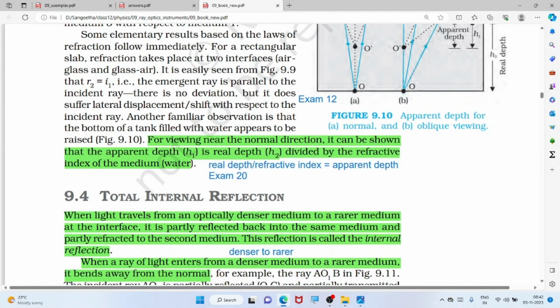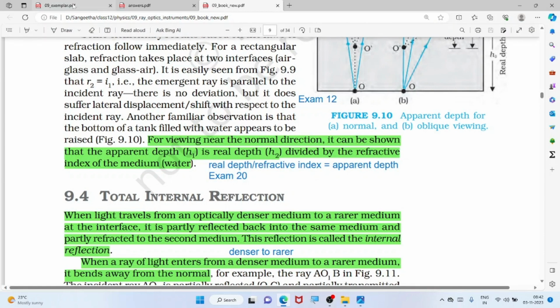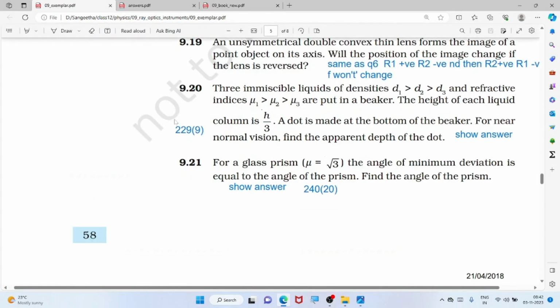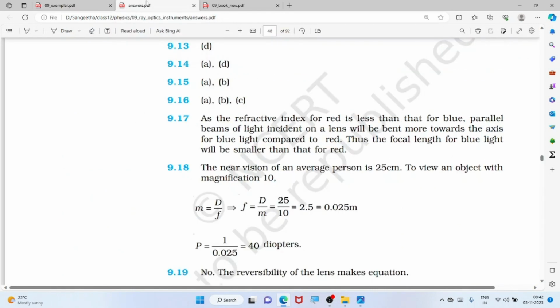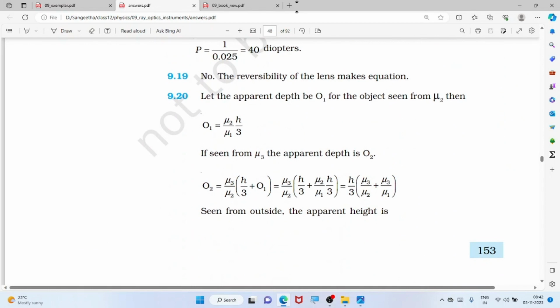Apparent depth is real depth divided by the refractive index. We have to use that formula there. Here you can go through this answer.